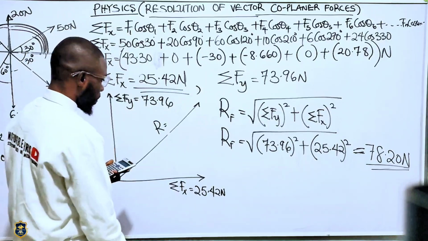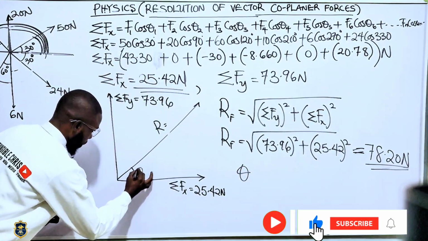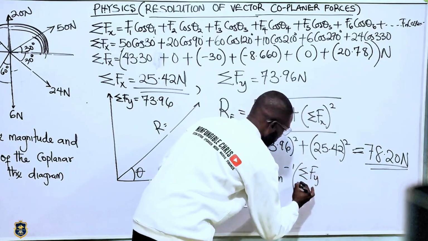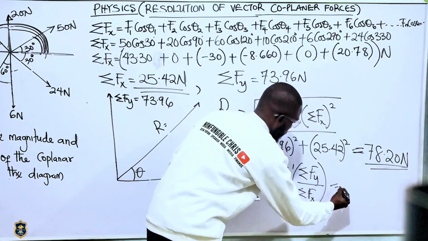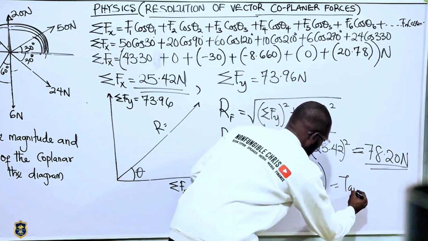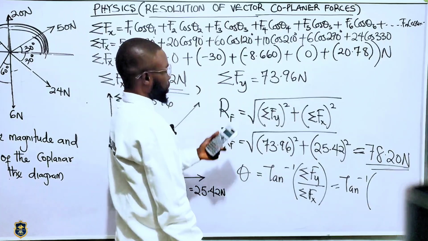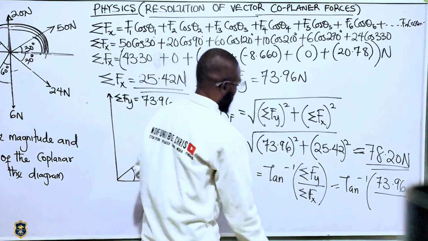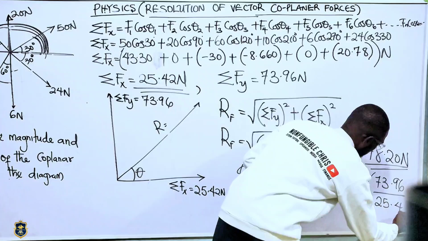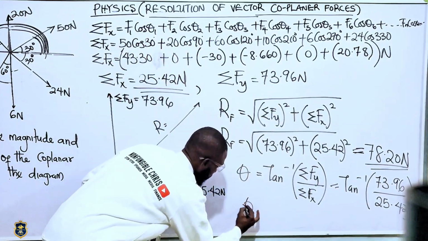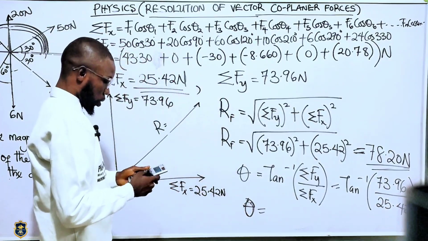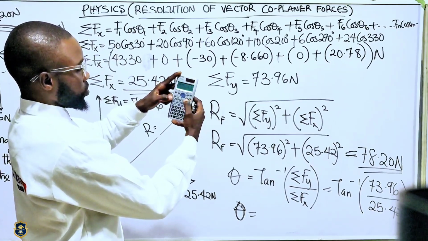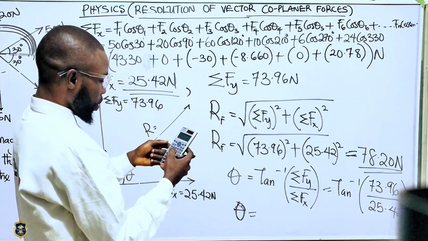What about the direction? We said the direction, which is our theta, is going to be tan inverse of ΣFy over ΣFx. On your calculator, you press shift and then tan.